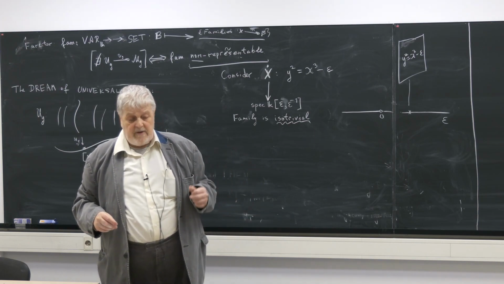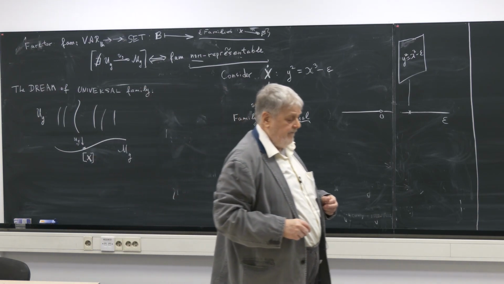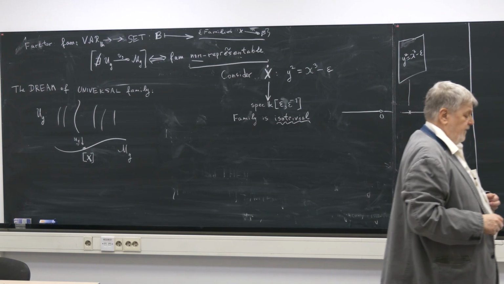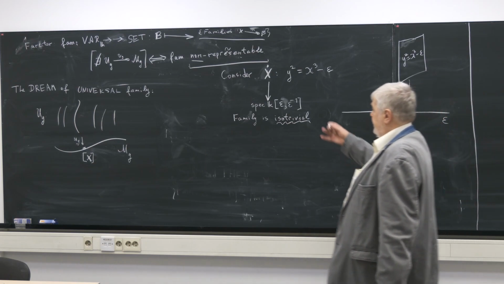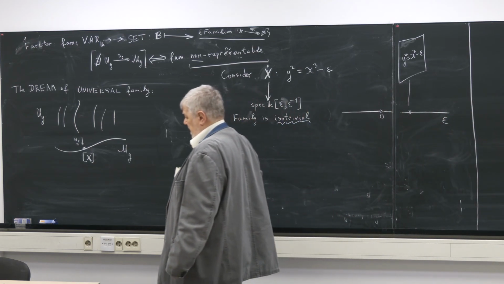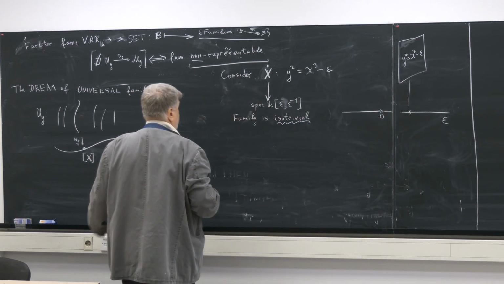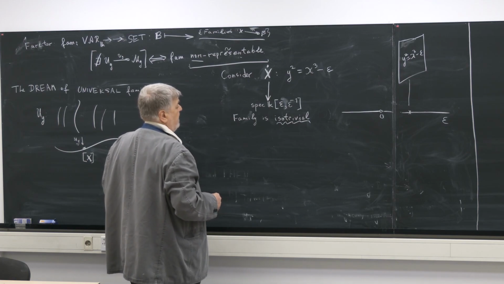The family is trivial if it is just the direct product of the base and all the fibers. Here the fibers are isomorphic, but the family is not trivial.